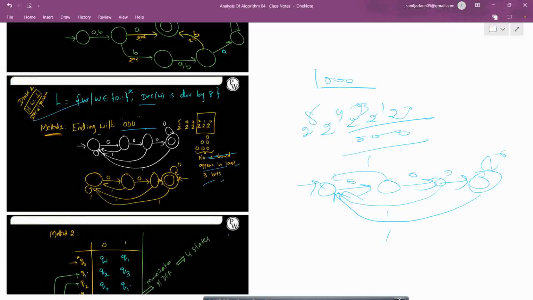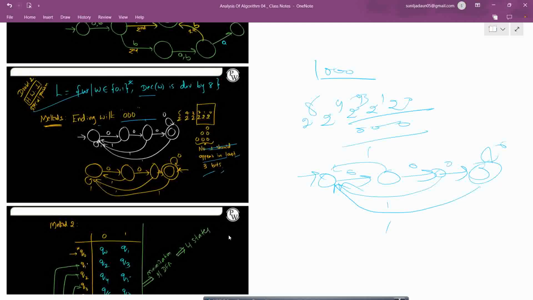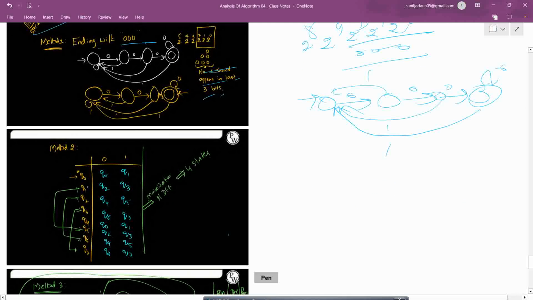So the problem is what the initial state should be. If 0, it should also be divisible by what? So what we do here is if it is 0, not 1 0 0 1, if it is 0. Method 2, minimum DFA 4 states.